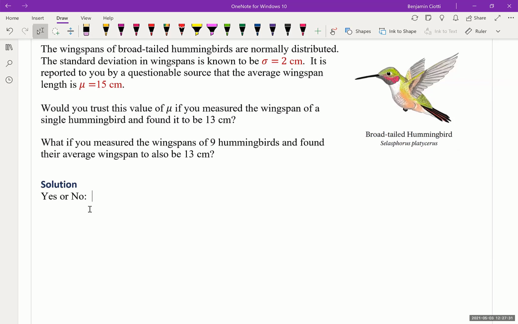Yes or no? In order to answer this question, I should assume going forward in the problem that mu equals 15.